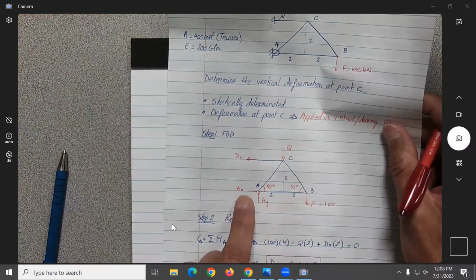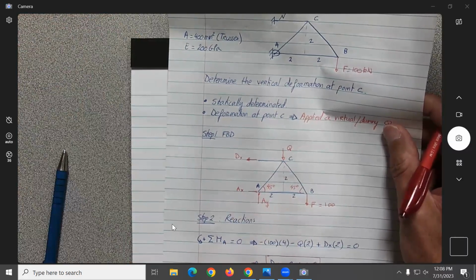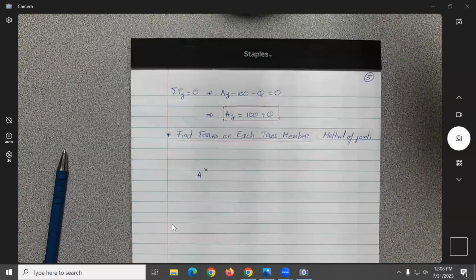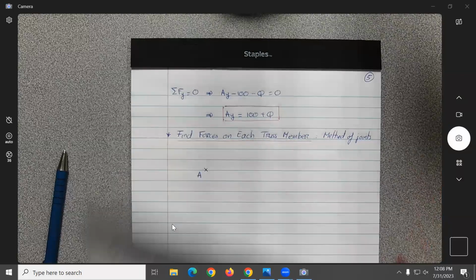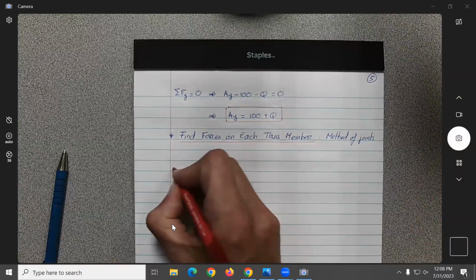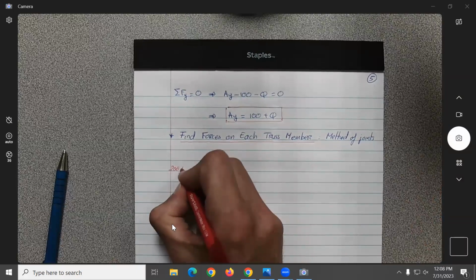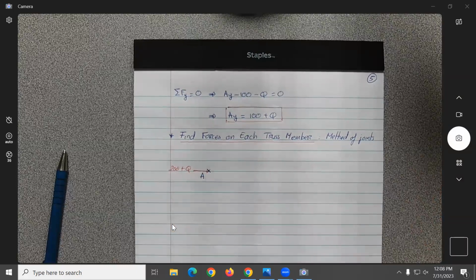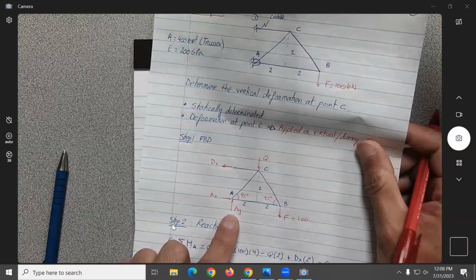Okay, so let's start by AX. What is AX that we just calculated? Okay, we put it, so it's 200 and it was to the right. 200 plus Q. What is AY?